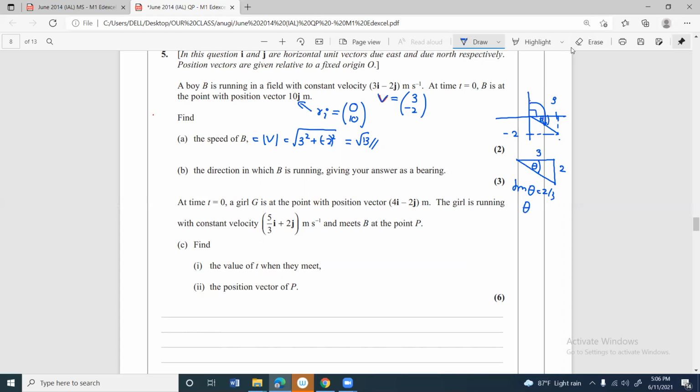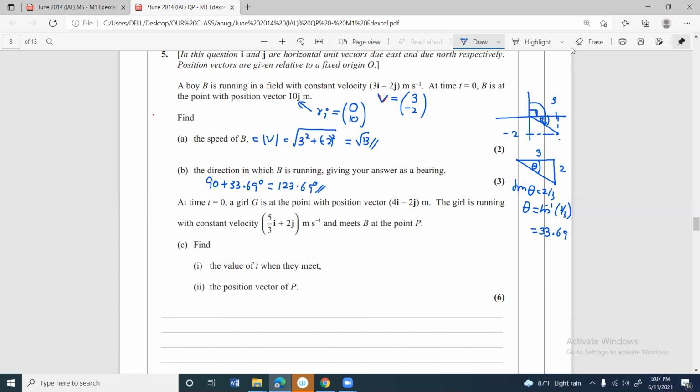With this, theta equals tan inverse of 2 over 3, which is 33.69 degrees. Therefore, the total bearing should be 90 plus 33.69, because the angle is 90 plus this part. It is 123.69 degrees, the answer for that.